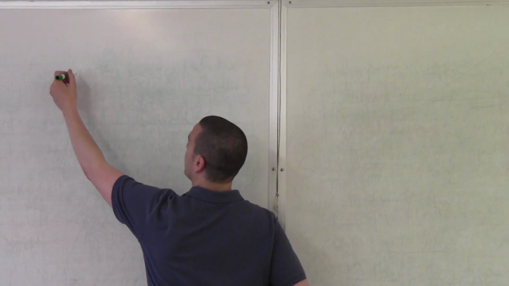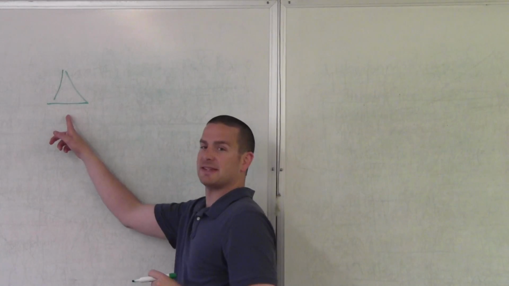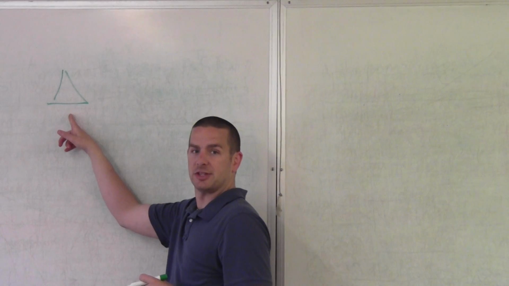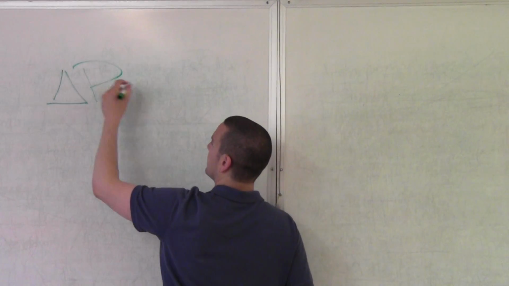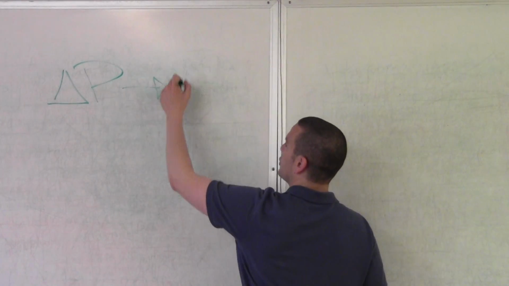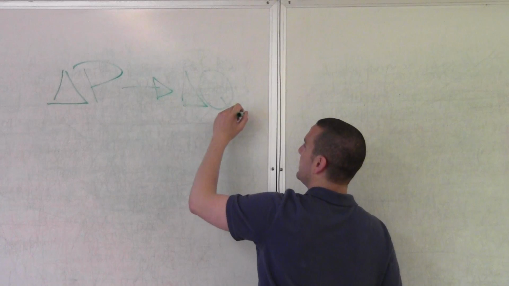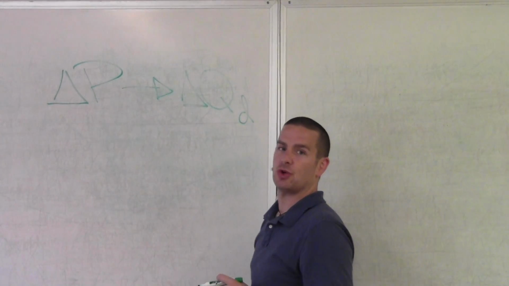So if we have a change, which you may know by the symbol delta, delta means change. If there's a change in price, it leads to a change in quantity demanded.